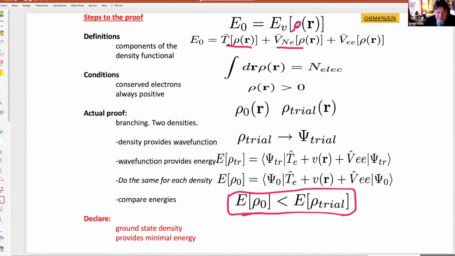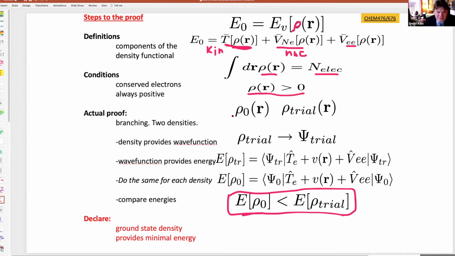So kinetic energy contribution, the interaction with nuclei, and interaction between electrons. The density is defined in such a way that the integral of density will give the number of electrons. The density is always positive.